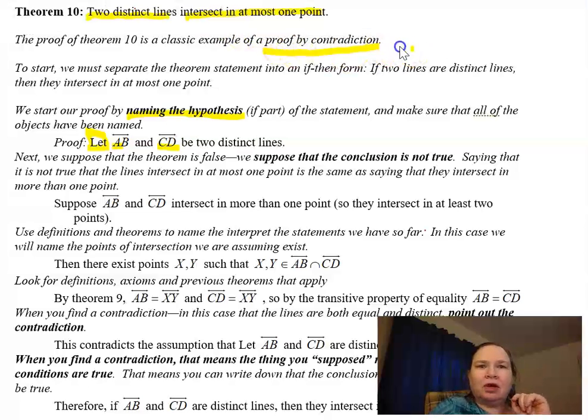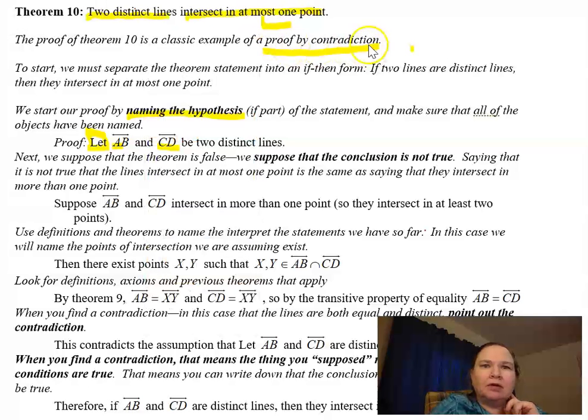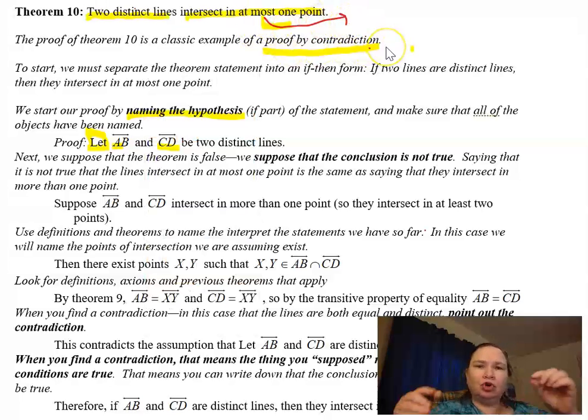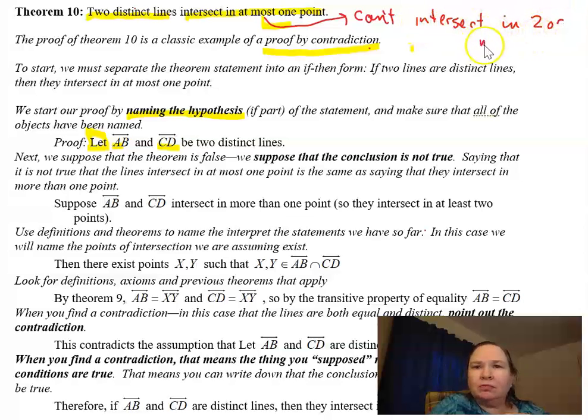A thing to recognize is that you can take this statement that they intersect in at most one point, and turn that into a statement of something that doesn't happen. Saying that the intersection is at most one point is the same thing as saying they can't intersect in two or more points.